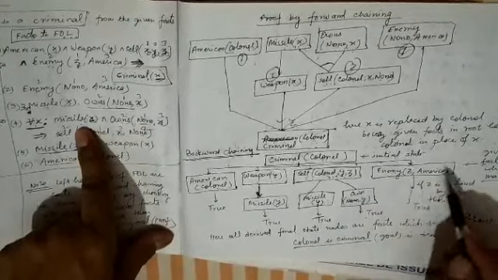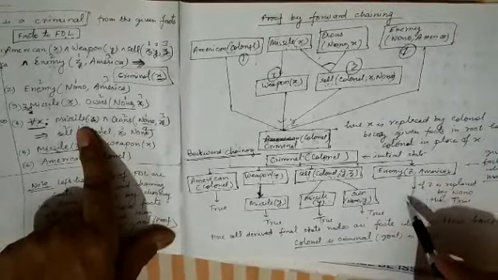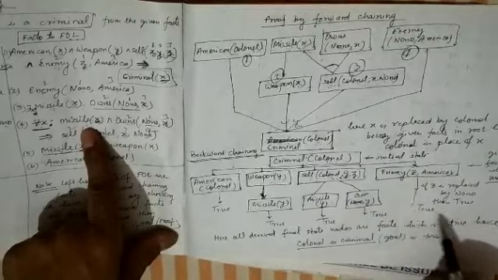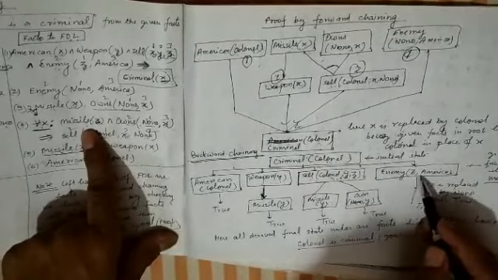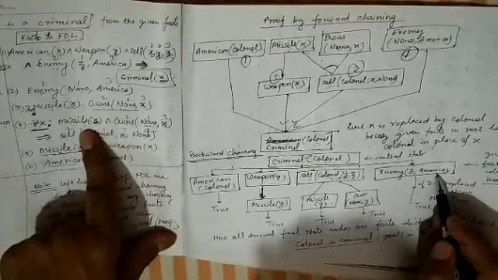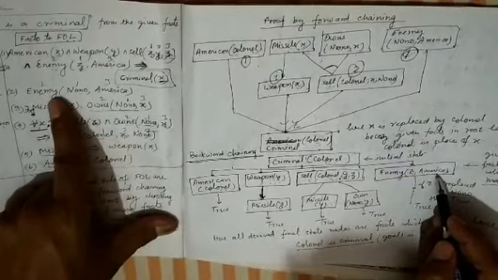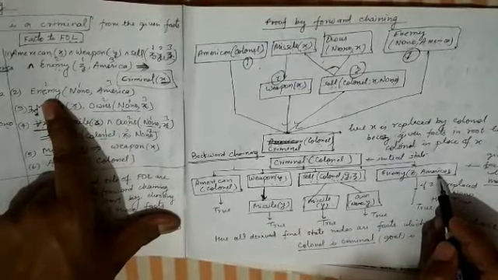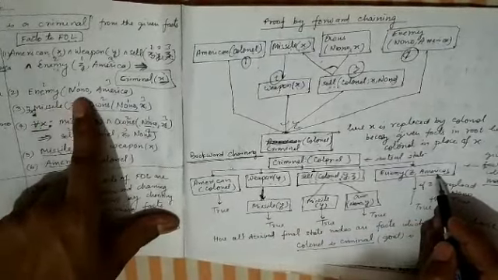Now one is remaining. If we are somehow able to find this fact to be true, then we can say that whatever goal we took at our starting state is true, because all of them are true here. We just have to prove the last remaining one. Now enemy Z, America: where does it come? Just see rule number 2. Rule number 2 says enemy Nono, America.